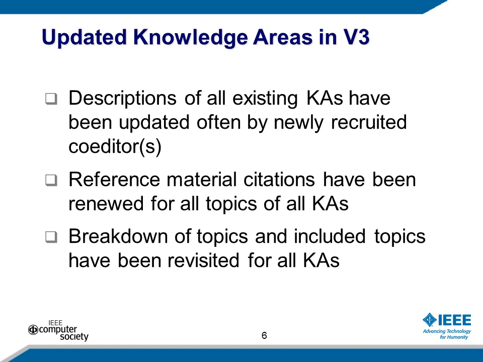Reference material citations have been renewed for all topics of all KAs. We completely redid the reference citations, and the breakdown of topics and included topics have been revisited for all KAs. So we did a very significant update to the content of the existing 10 knowledge areas that were there before V3.